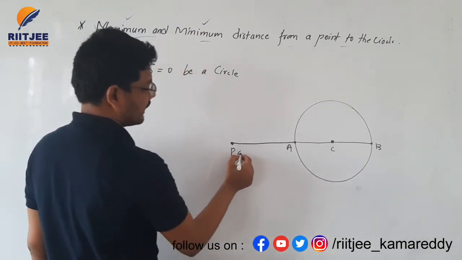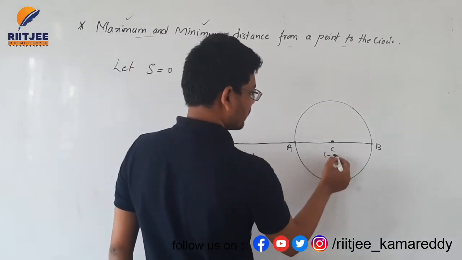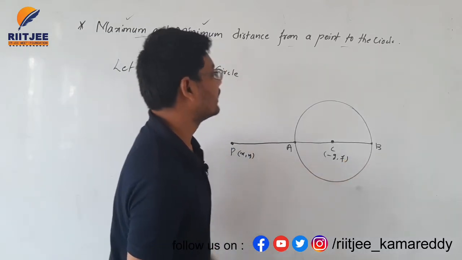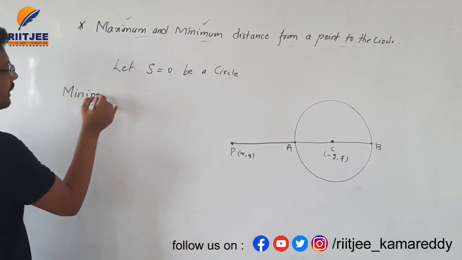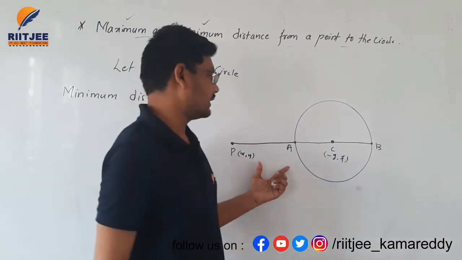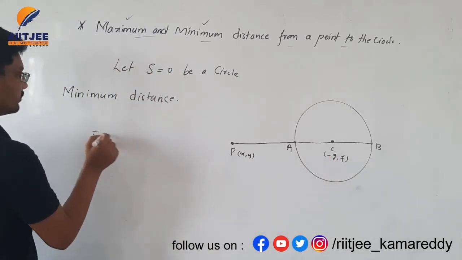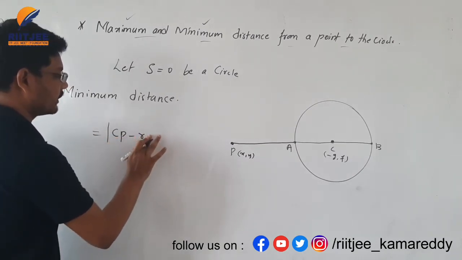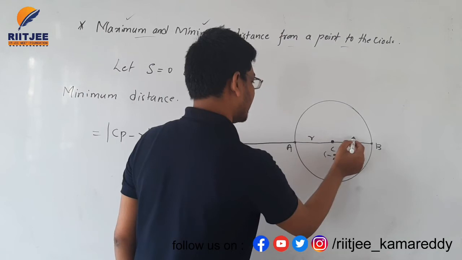This point P is (x, y) and C is the center, (-g, -f), and A and B are the end points of a diameter. Here, first, if you want the minimum distance to a circle, it is nothing but modulus of CP minus R, where R is the radius.